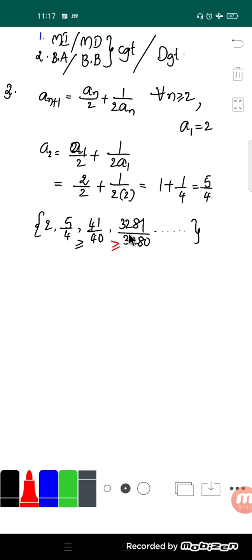See here, there is only one difference here. So you can say that the sequence is converging to 2.